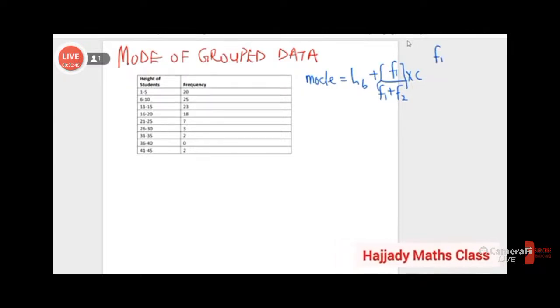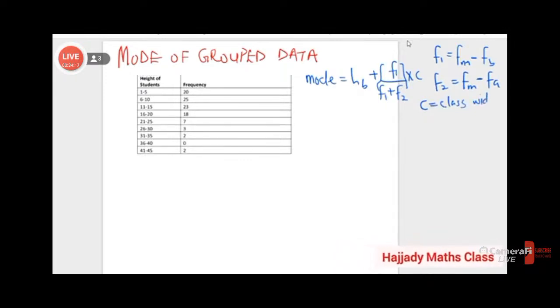Our F1 is the frequency of the modal class minus the frequency before it, and our F2 is the frequency of the modal class minus the frequency after it. Here C is the class width, which you can also call the class interval, that is the difference between the lower and the upper. And LB is the lower boundary.